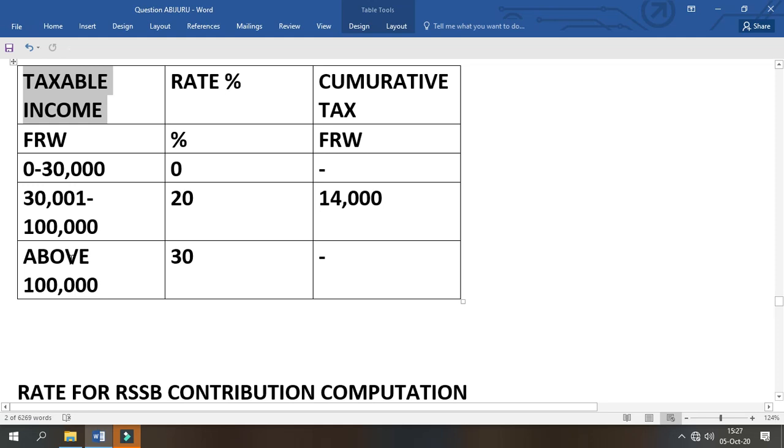Above 100,000, the tax rate is 30%, so the cumulative tax depends on the amount above 100,000.